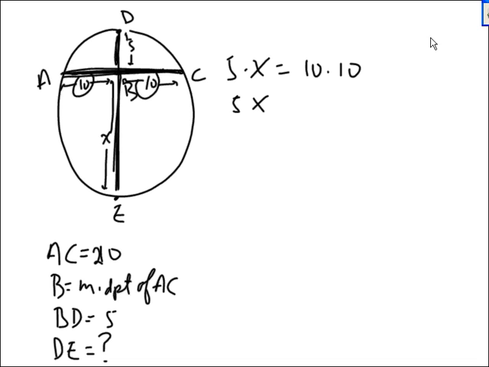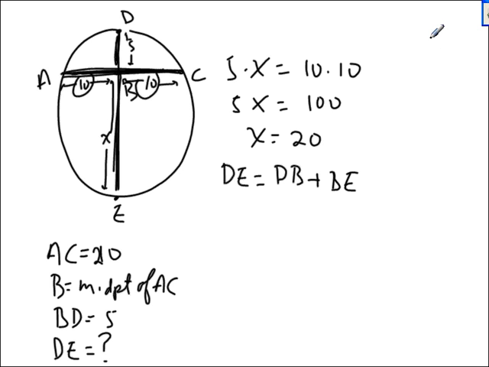So 5x is 100. 5 times 20 is 100. X is 20.